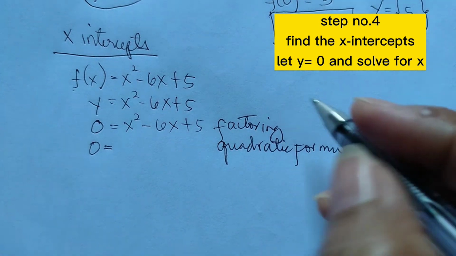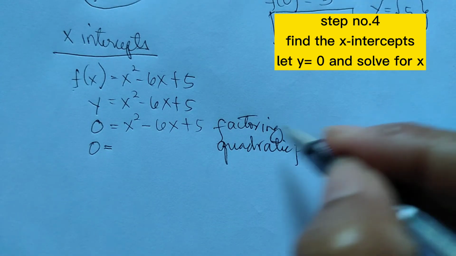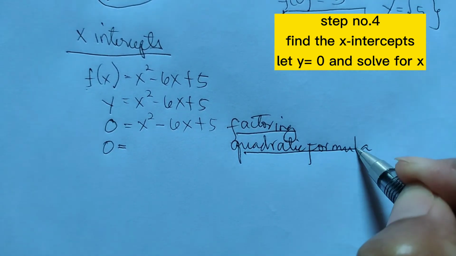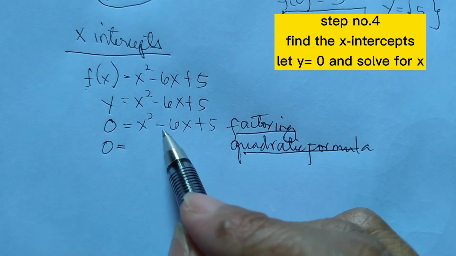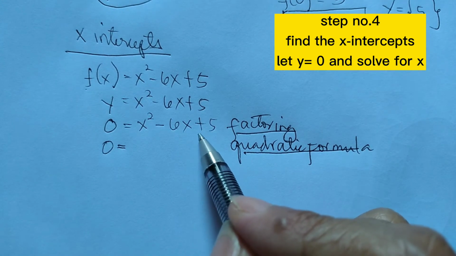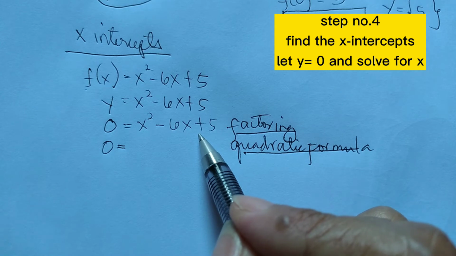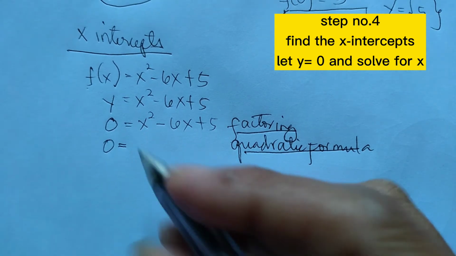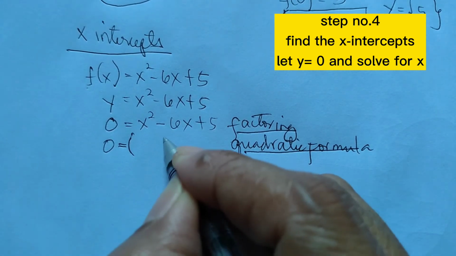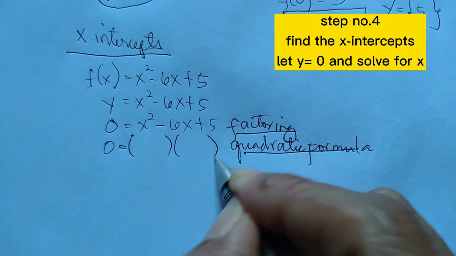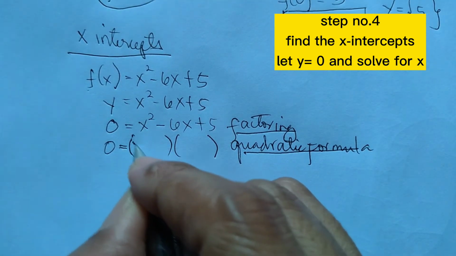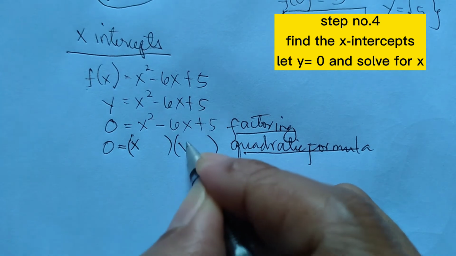But in this case, if we examine x squared minus 6x plus 5, we can actually use the factoring method. We can factor x squared, x times x.